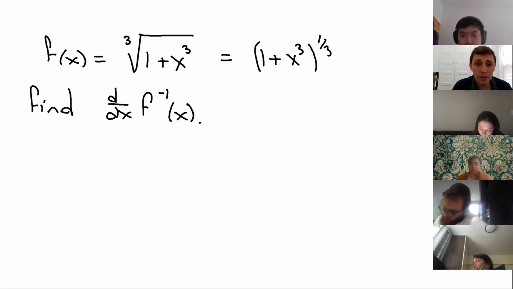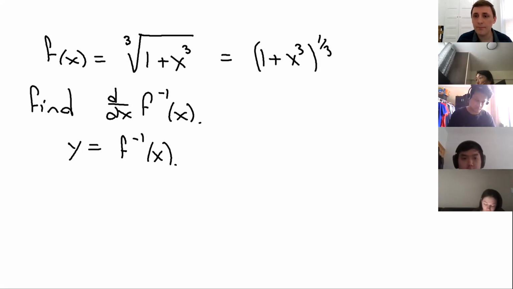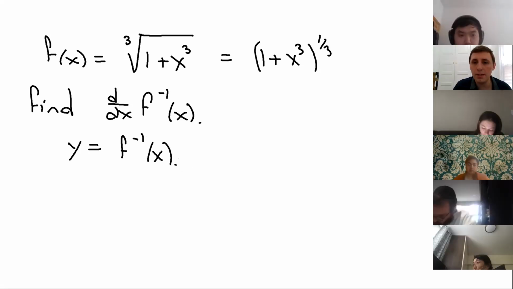In my class, or for any class, the first step is y. And in this case, y is f inverse x. I just label it with a simpler symbol. This is the expression for which I have no formula.